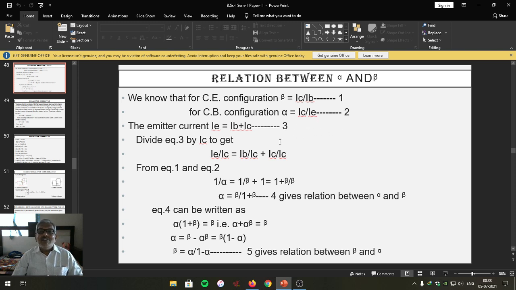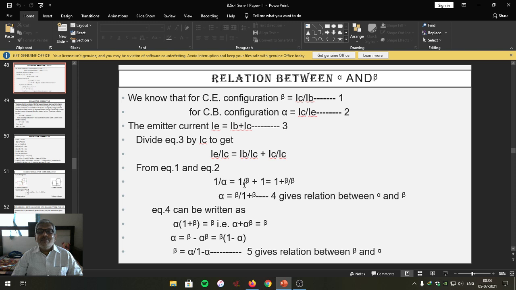By using equations 1 and 2, we can write IE upon IC as 1 upon alpha, IB upon IC as 1 upon beta, plus IC upon IC, which is 1. Students, friends, let us take LCM.